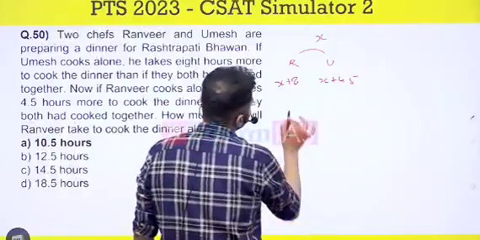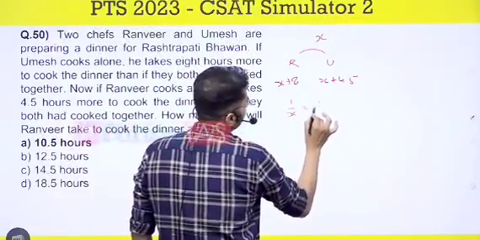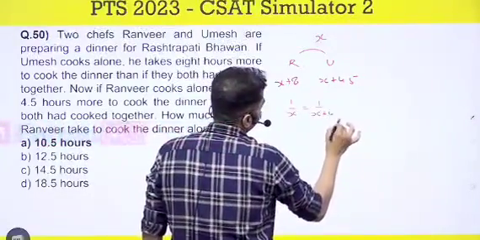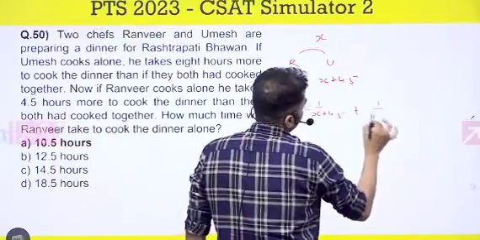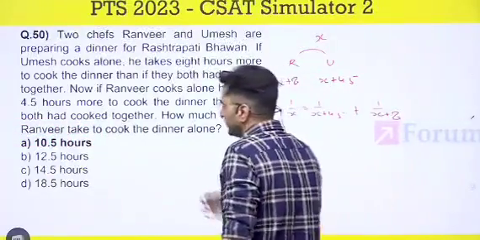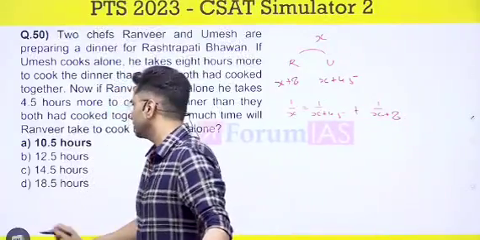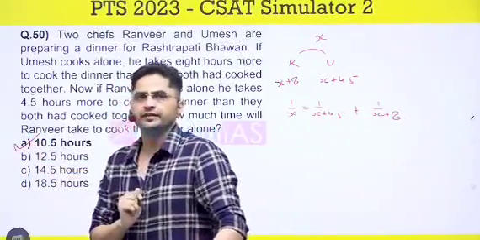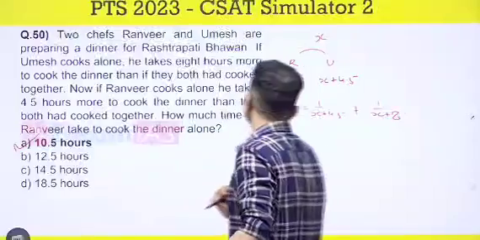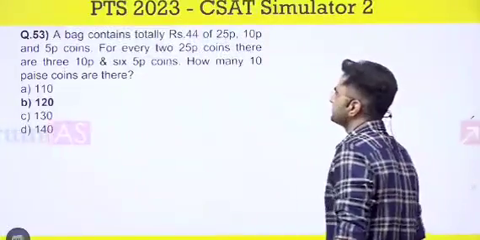Now the equation would be that 1 by X is equal to 1 by X plus 4.5 plus 1 by X plus 8. Now substitute the values. Solving this could take more time. Substitute the values, you'll get 10.5 as the answer. So the answer would be 10.5.